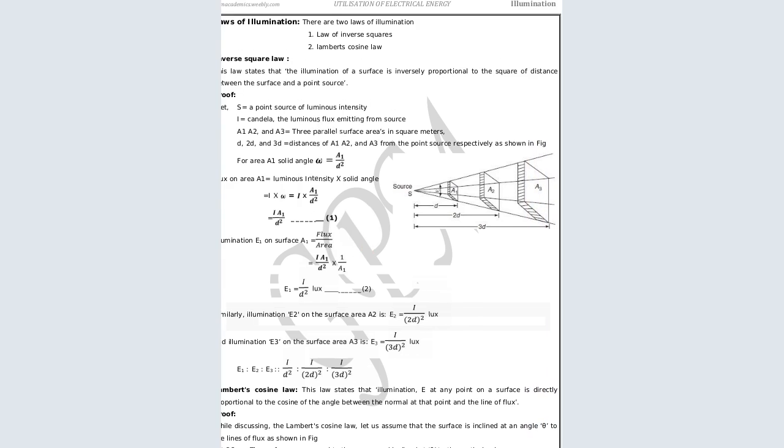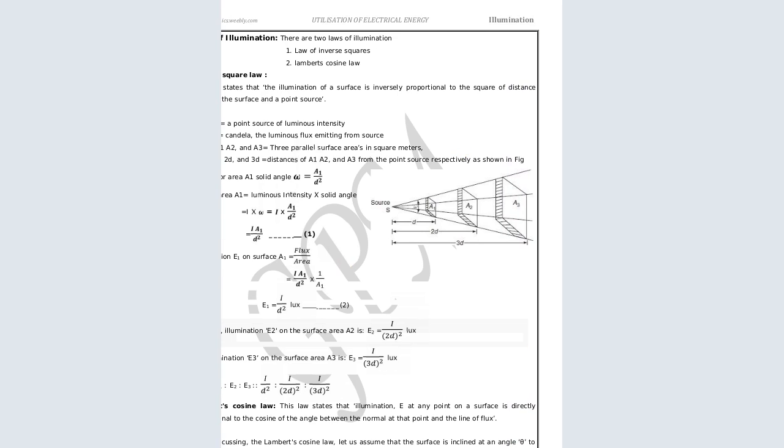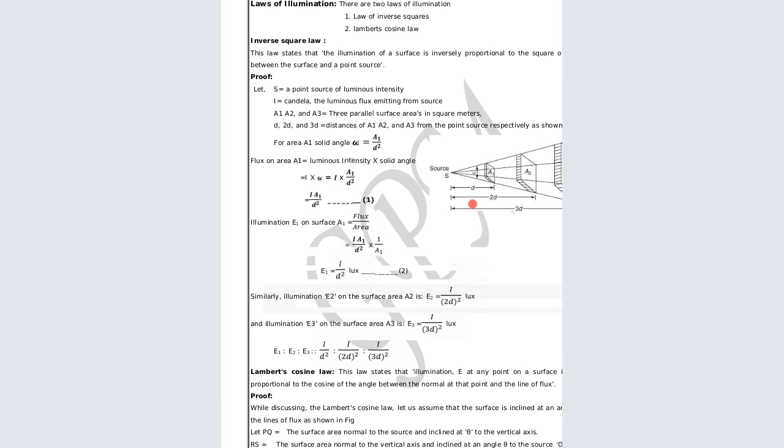I repeat, the inverse square law states that the illumination of a surface is inversely proportional to the square of the distance between the surface and the point of source.